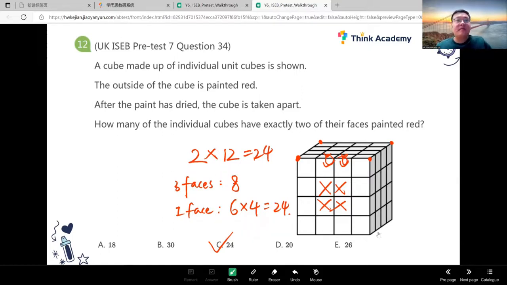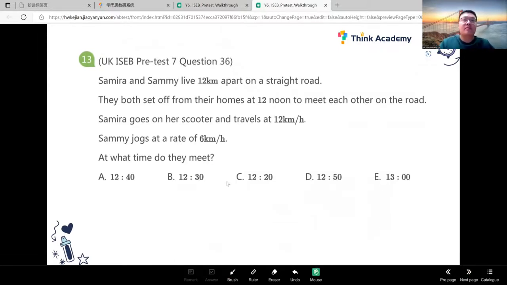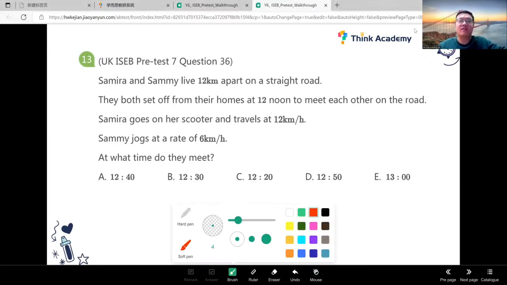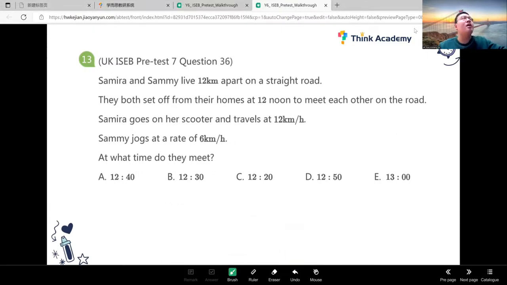So next one, question number 13. Samira and Sammy live 12 kilometers apart on a straight road. They both set off from their homes at 12 noon to meet each other on the road. So actually, it's just the question that we learned in the holiday courses, lesson 10.